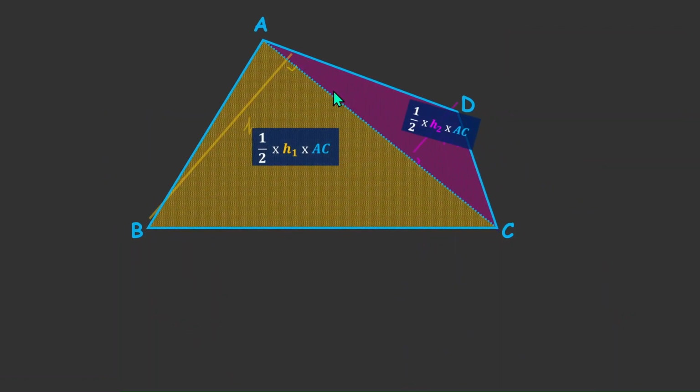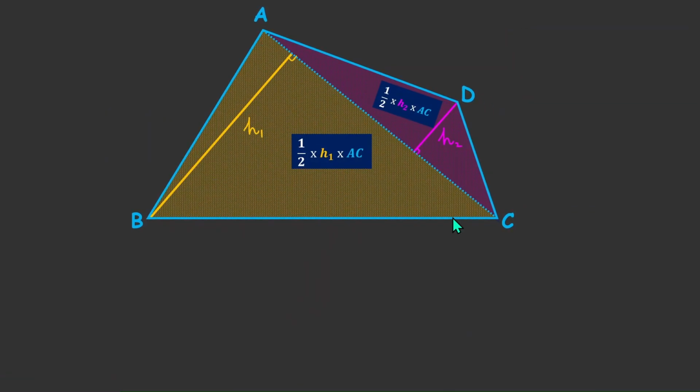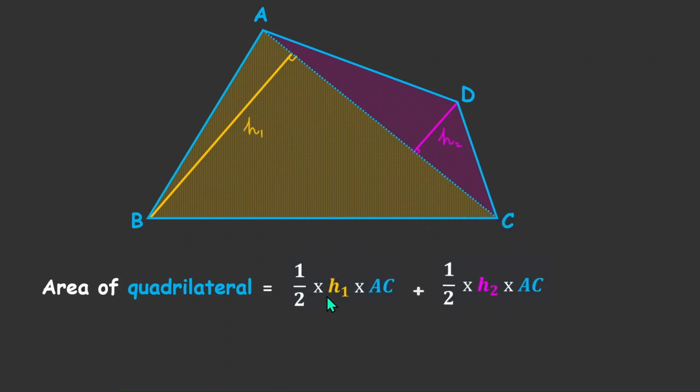So we have the area of this triangle as half H1 AC and the area of this triangle as half H2 AC. So the area of quadrilateral is equal to half H1 into AC plus half H2 into AC. Now we can take half into AC common to give us half into (H1 plus H2) into AC. And this becomes a very clean formula for us to see.